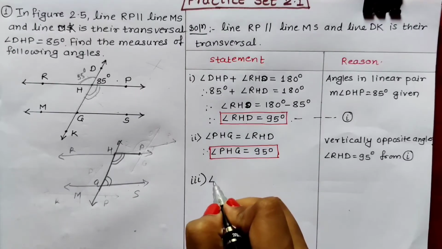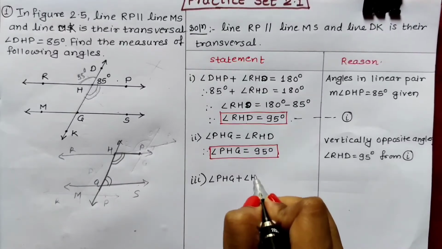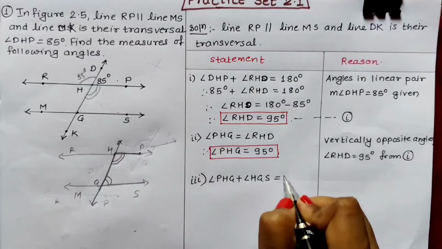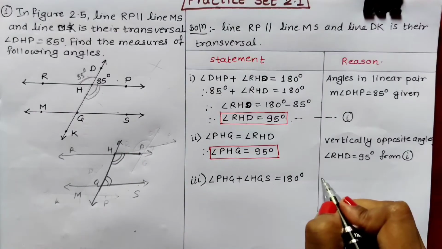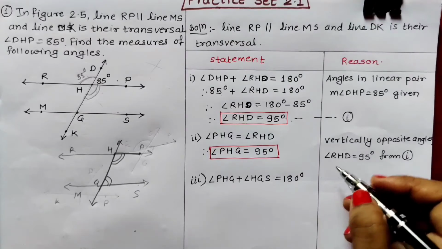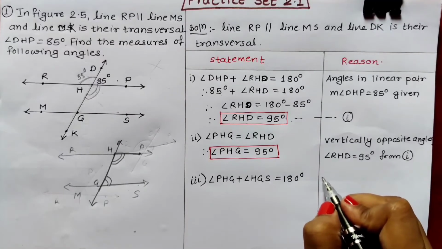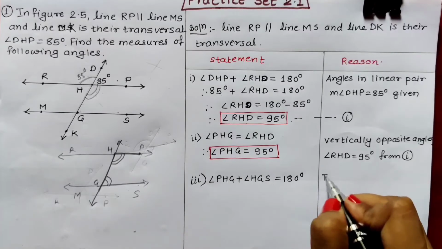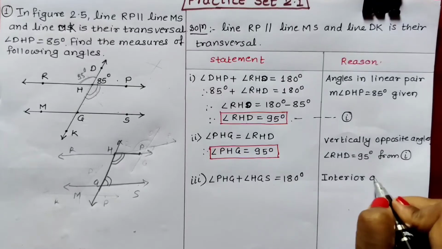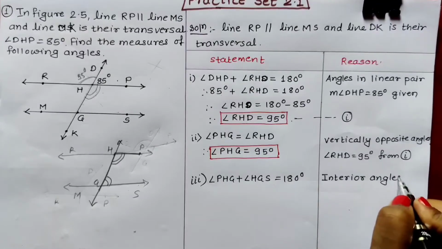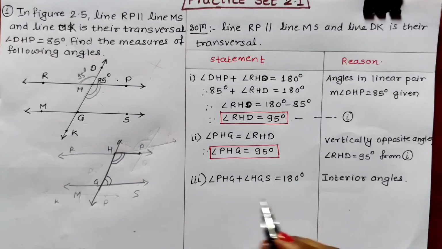So I will be writing angle PHG plus angle HGS is equal to 180 degree. For the reason we should write property of interior angles of parallel lines, or we can write only interior angles of parallel lines, or you can only write interior angles also. Now as they are interior angles, their total is 180 degree.